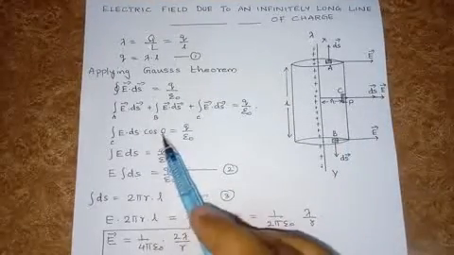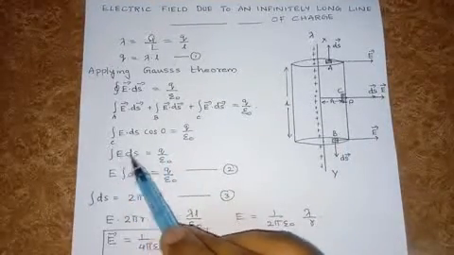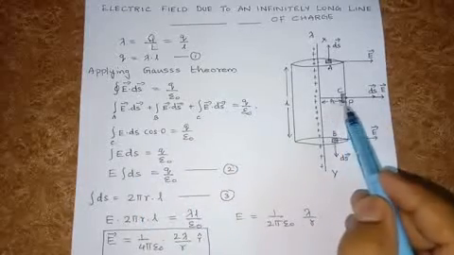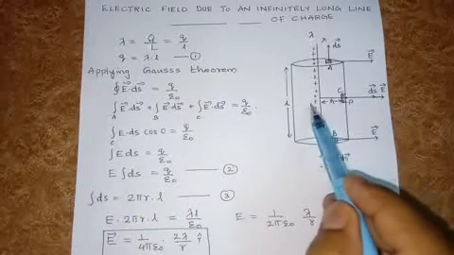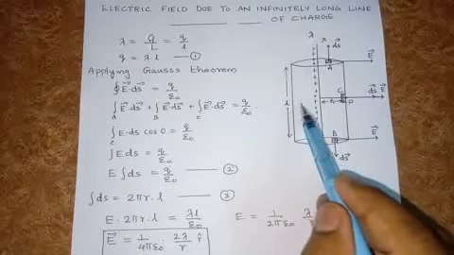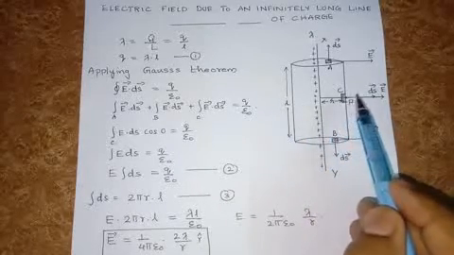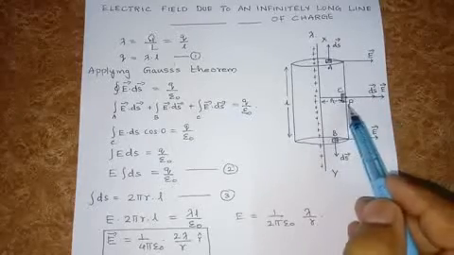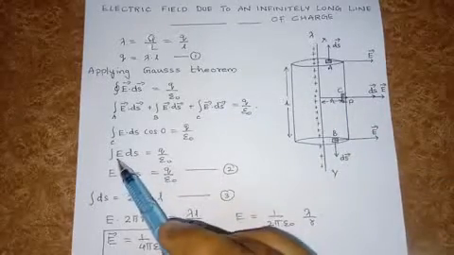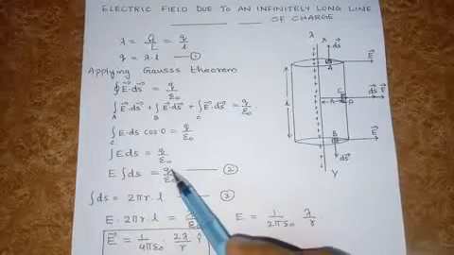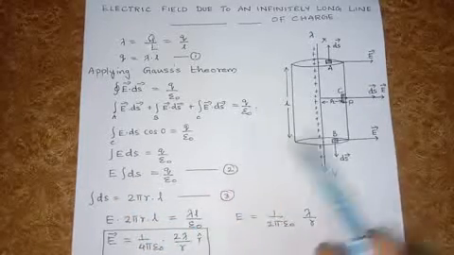Since cos 0 is equal to 1, I can write integral E ds is equal to Q by epsilon 0. Now, everywhere on the curved surface of the cylinder, electric field must have the same value due to symmetry. Since electric field has the same value, I can take it out: E into integral ds is equal to Q by epsilon 0. Put as equation number 2.